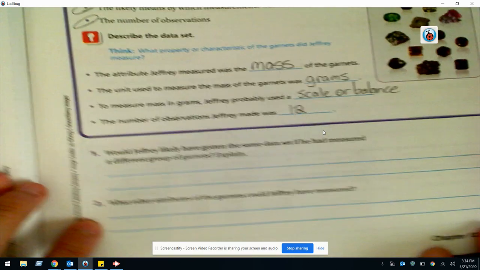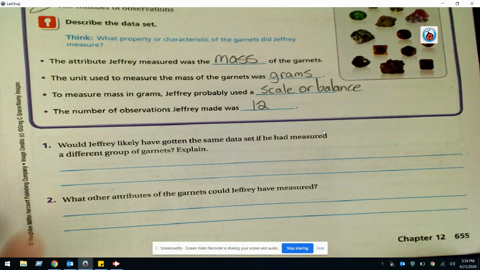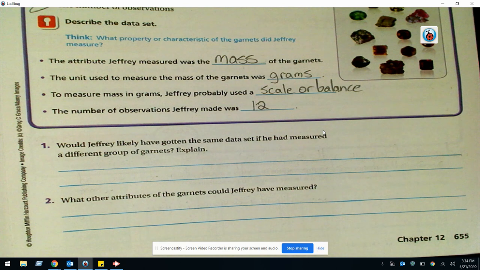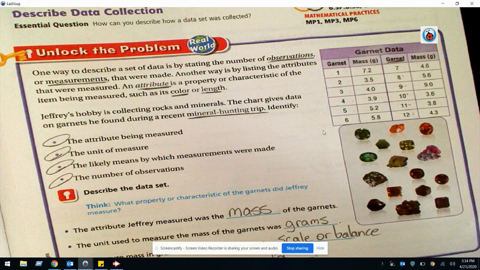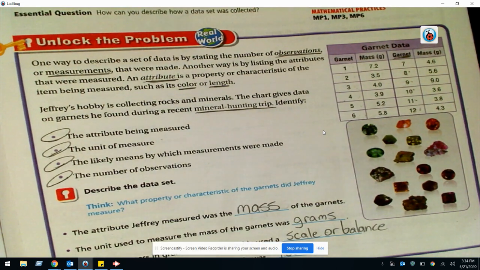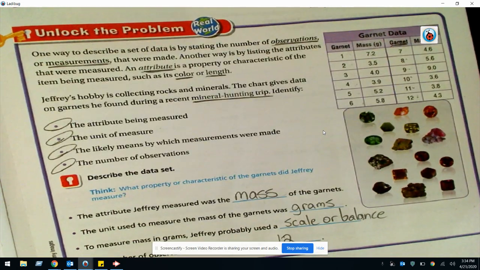So let's answer these questions at the bottom. Would Jeffrey likely have gotten the same data set if he had measured a different group of garnets? Explain. Well, if you think about it, Jeffrey went on a mineral hunting trip outdoors. He went outdoors in nature and he was hunting for minerals.